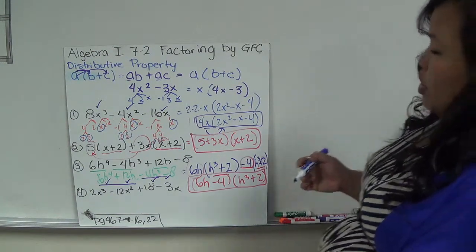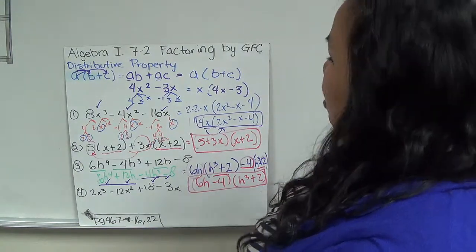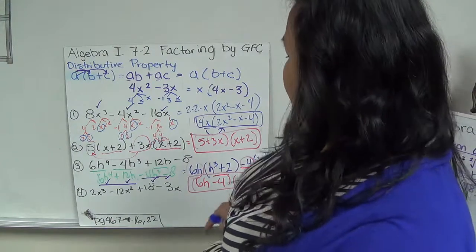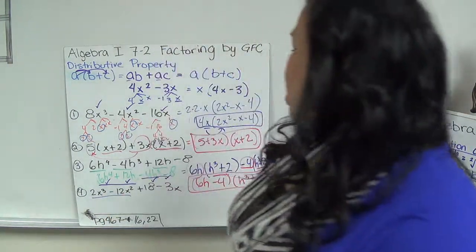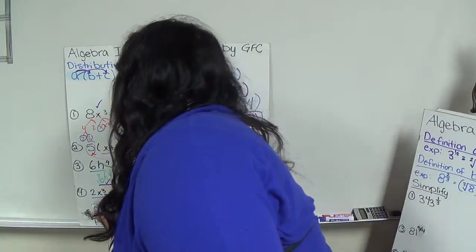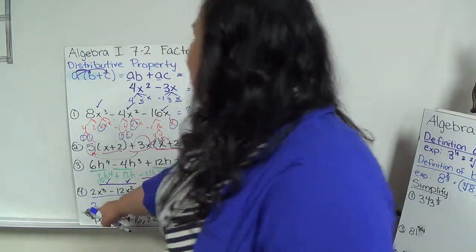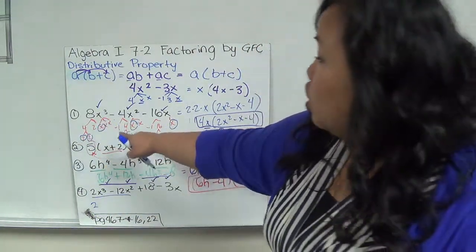Okay, we can do the same thing over here. Let's find what they have in common. I'm not quite sure, so let's try doing these two first. What do these two have in common? Well, I can take out a 2. Again, I'm doing this in my head, but you can do this process; in fact, you should show your work.